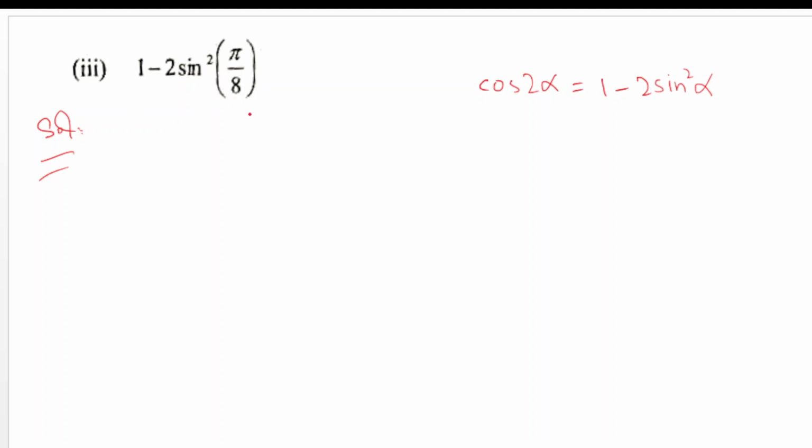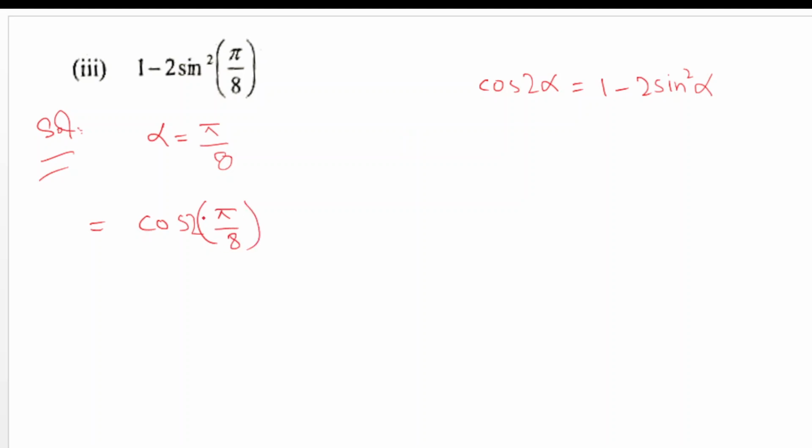Yes, so this is the form of 2 sine square alpha. Alpha is pi by 8 over here. You can write here, if alpha is equal to pi by 8 or theta is equal to pi by 8, no problem. Let's write in the closed form cos 2 alpha, so 2 must be here. What is alpha? Pi by 8.